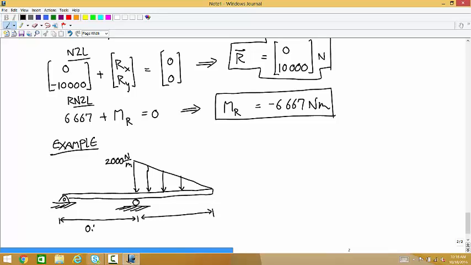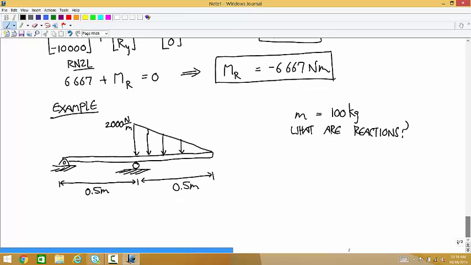And each of these is half a meter long. So the whole thing is 1 meter long. And let's say the mass of the beam is equal to 100 kilograms. What are the reactions?